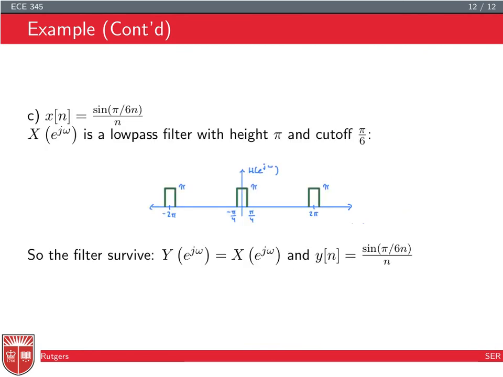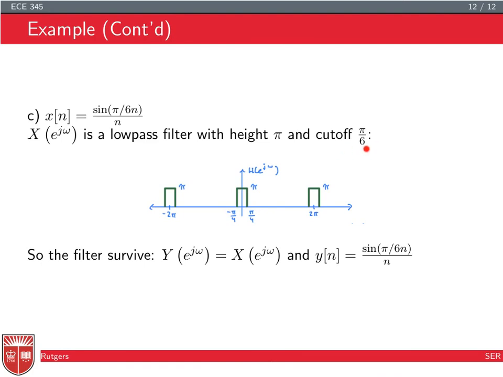Now if we take the last case, which is x of n equal to sine of pi by 6 n divided by n, if you find X of e^(j omega) here, then again, whenever you see this sinc kind of function, in the frequency domain it's a low pass filter. So the input is also a low pass filter at pi by 6.